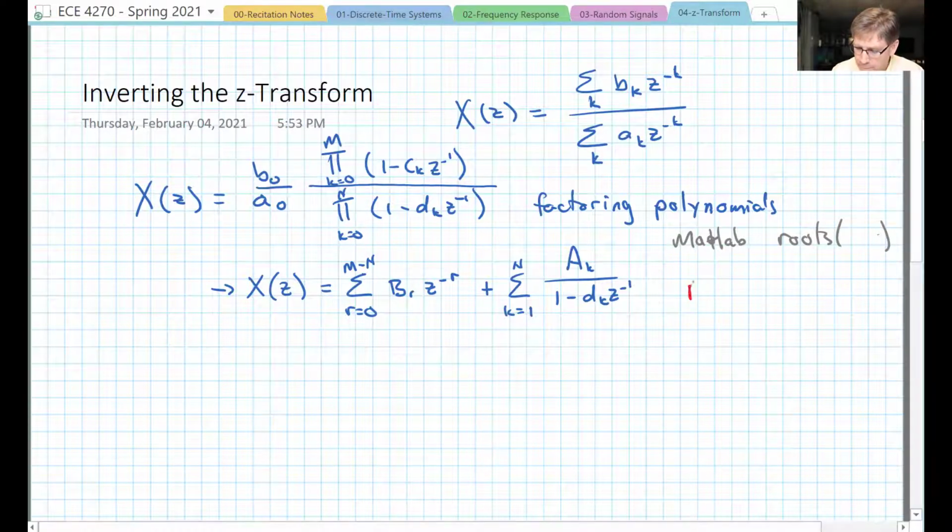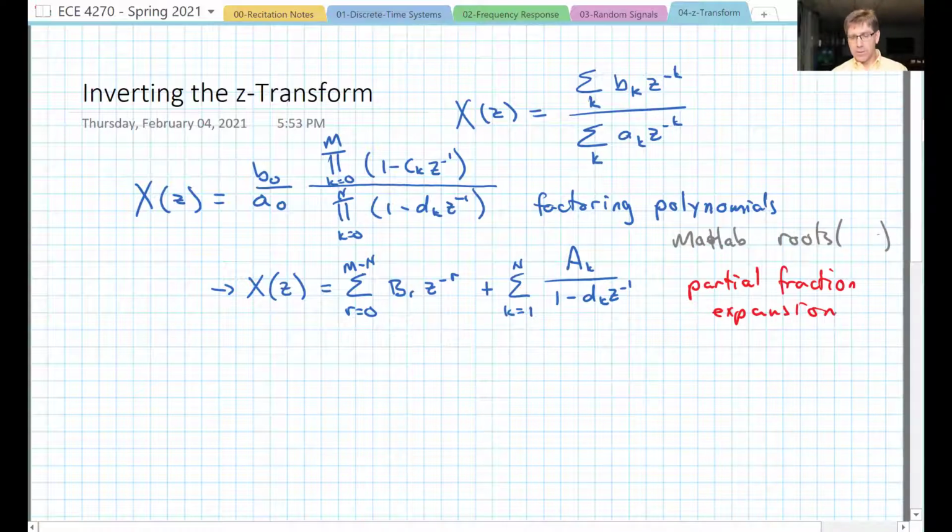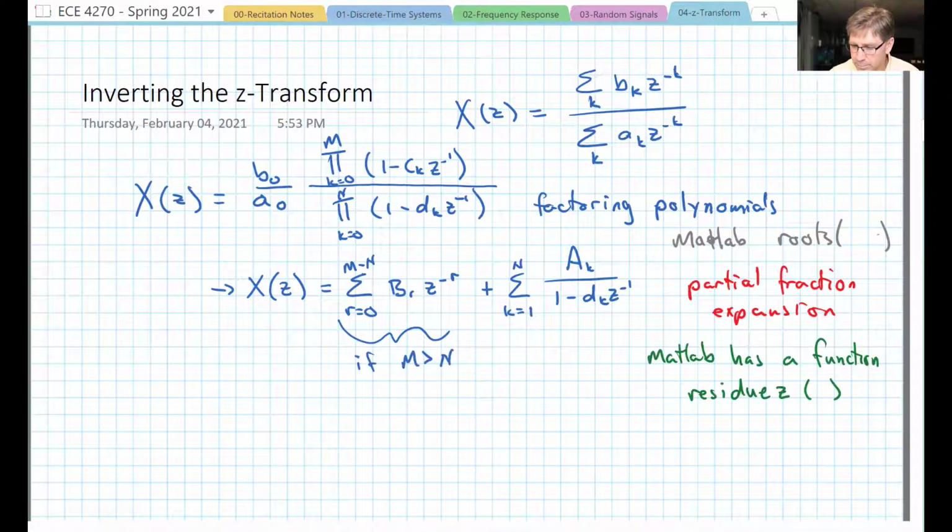So the partial fraction expansion is essentially the way to invert your z-transform. Okay, so once we have our partial fraction expansion version of it, then we can take the inverse z-transform simply by doing a table lookup.